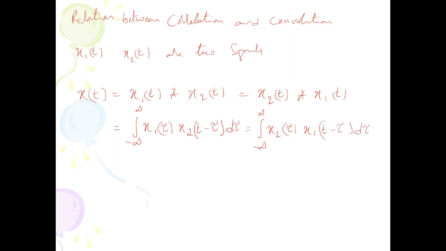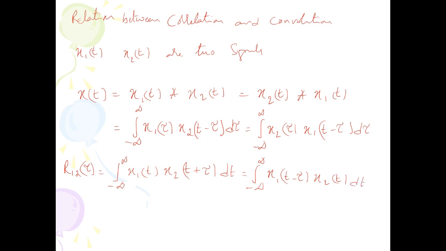Coming to the correlation, R12 of tau is equal to the integral from minus infinity to plus infinity of x1 of t x2 of t plus tau dt. Another equation is the integral from minus infinity to plus infinity of x1 of t minus tau x2 of t dt.